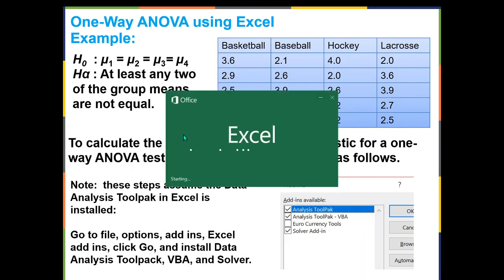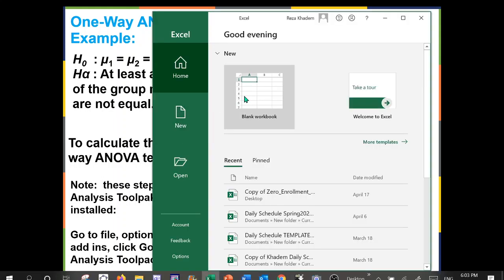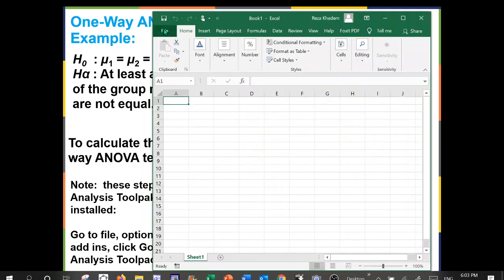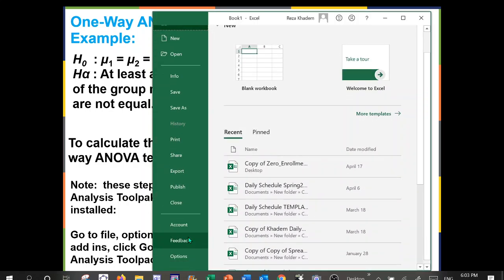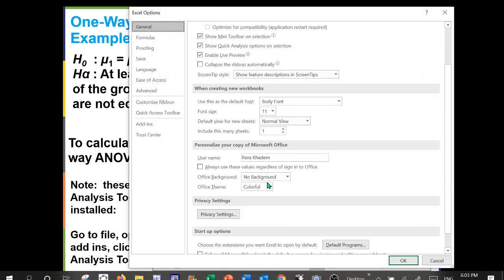Let me show you. You just have to go to options under Excel and then make sure the add-in is available, right? So you go to File and you go to Options down here, and you see it says Add-ins here.